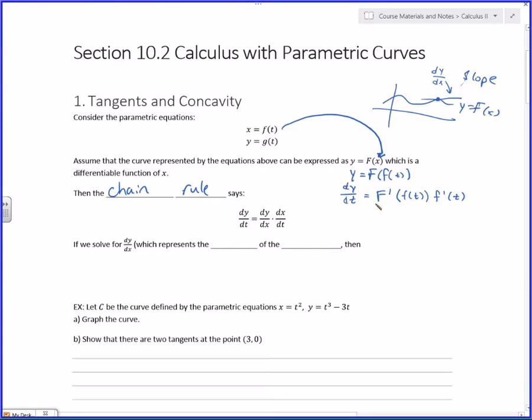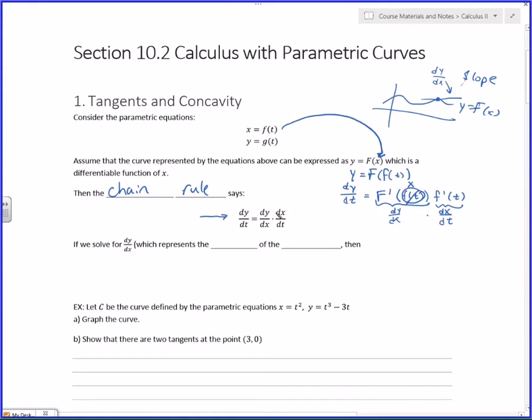Okay? Now, this is dy dx, because this right here is x. And this right here is dx dt. So that's where I get this equation right here. dy dt is dy dx times dx dt.